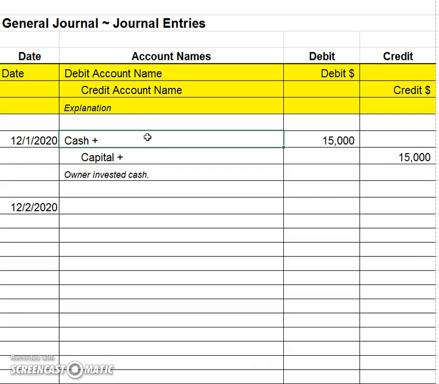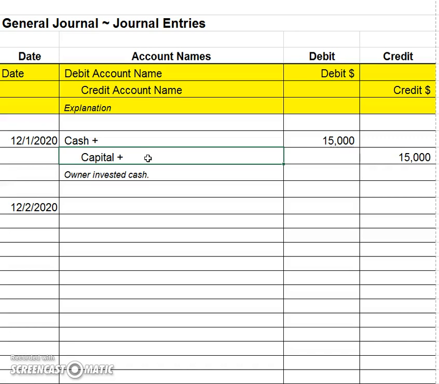Then I also need to analyze the other side of the transaction. How did the business acquire the asset? In this example, under analyzing transactions, we know that the owner invested the asset of cash, so owner investments are increases to the capital account.